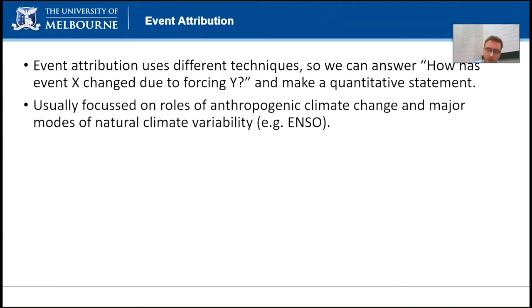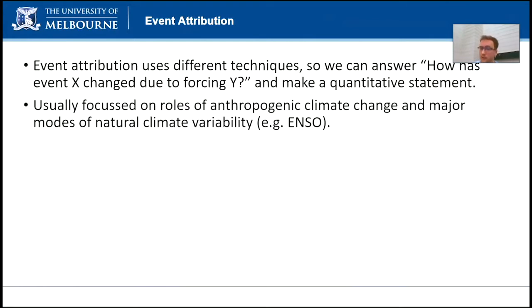So trend attribution is often focused on things like oceanic forcing or solar variability, whereas event attribution, because we're looking at a snapshot in time as opposed to an overall time series, we're more interested in what's going on in the climate at the time. So there's less emphasis on things like solar variability and volcanic forcings.